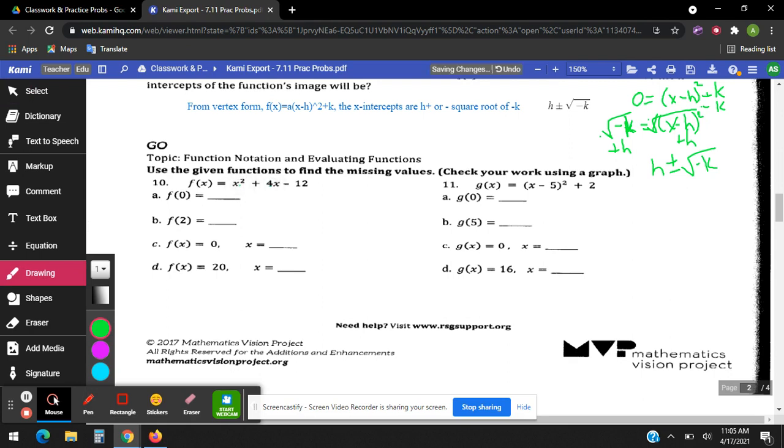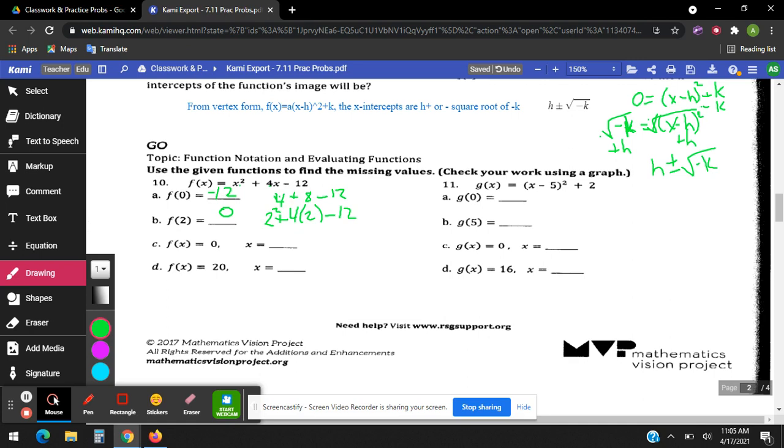So 0 minus 12 is negative 12. f of 2. Okay, so I'm going 2 squared plus 4 times 2 minus 12. So that's 4 plus 8 minus 12. Well, 4 plus 8 is 12, minus 12 is 0. Okay, so f of 2 equals 0.